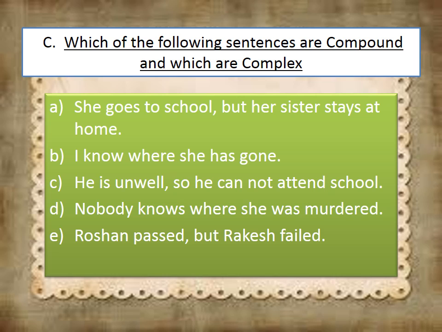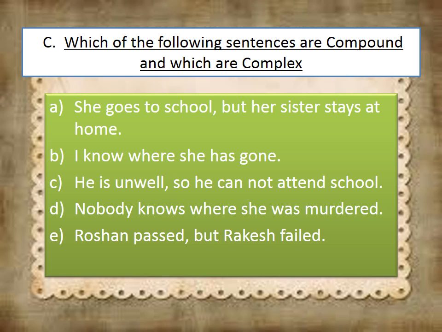A complex sentence consists of at least one independent clause and at least one dependent clause. Subordinating conjunctions are used. Some examples of subordinating conjunctions are as, because, until, unless, before, after, who, where, when, etc.